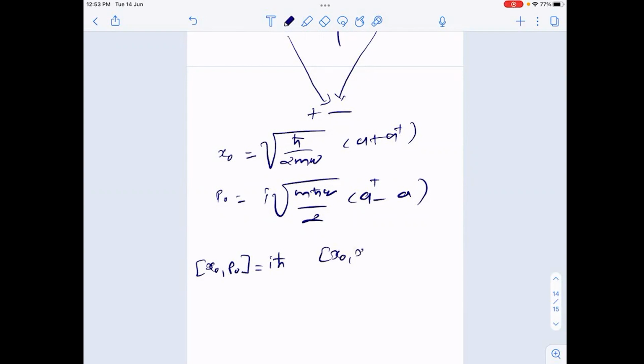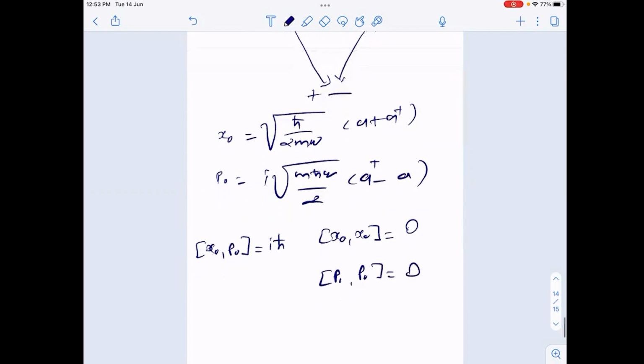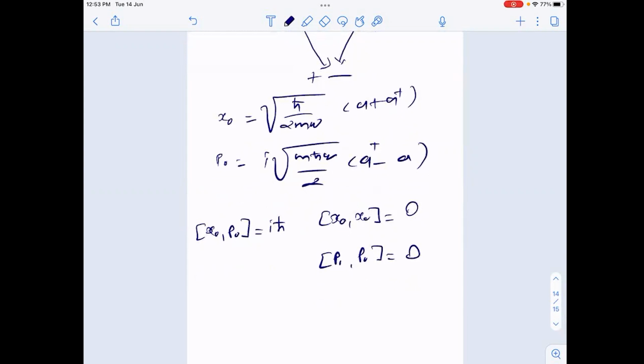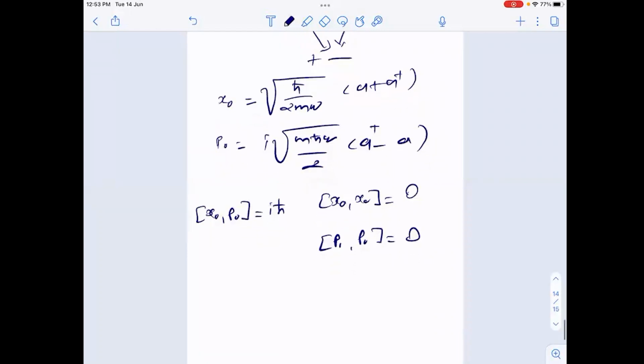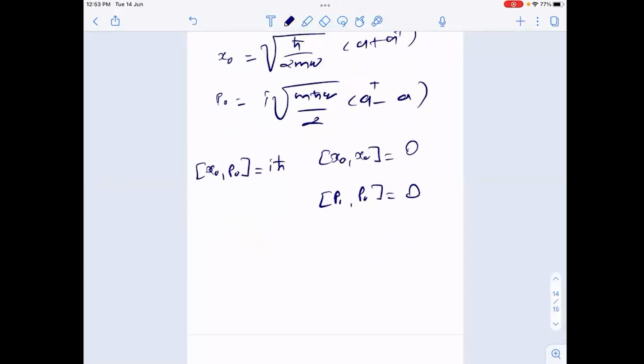What is the relationship between x0 and x0? 0. p0, p0, again 0. Right? So you can simply see the commutation relation of these dynamical variable operators. What does it yield? It provides us a commutation relation between annihilation and creation operators. Okay, so that means it provides us a relationship between A and A dagger. It turns out to be 1.